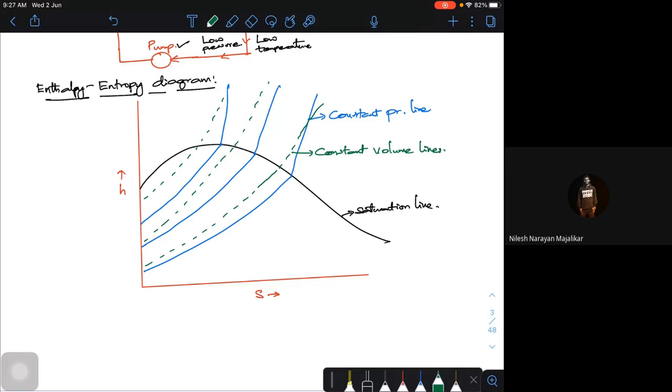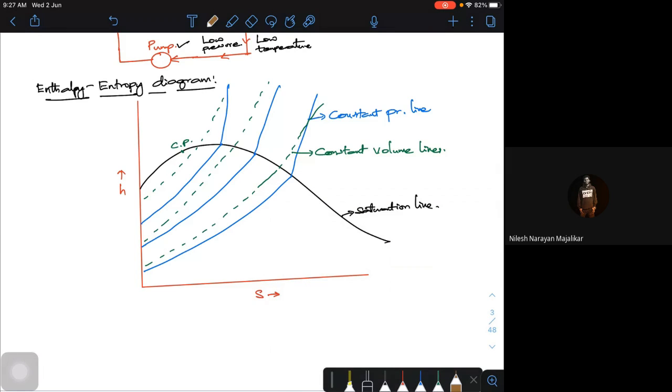Okay. Other than these constant volume lines, what else is there? See, suppose this is the point of your critical point, let me call it CP. What I could see is actually dryness fraction lines. Okay, dryness fraction lines will be coming from this particular line actually.